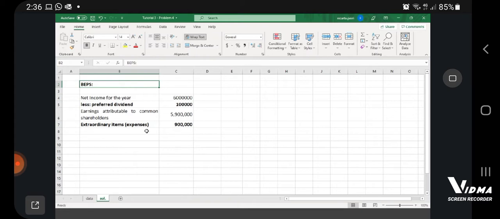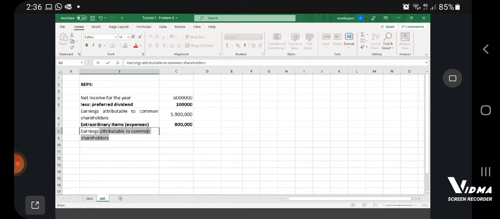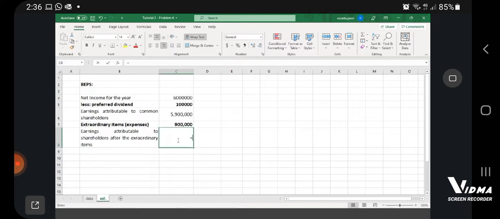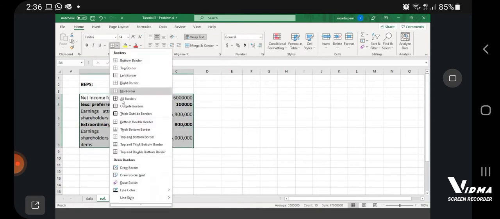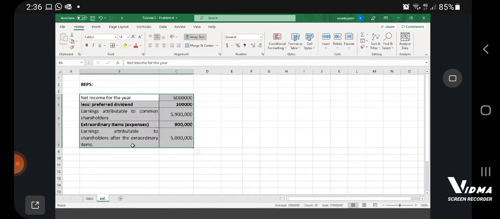So the earnings attributable to shareholders after the extraordinary activities or items, in this case, is 5 million. Okay, so we have all the necessary information to start with at least the numerator of the formula.